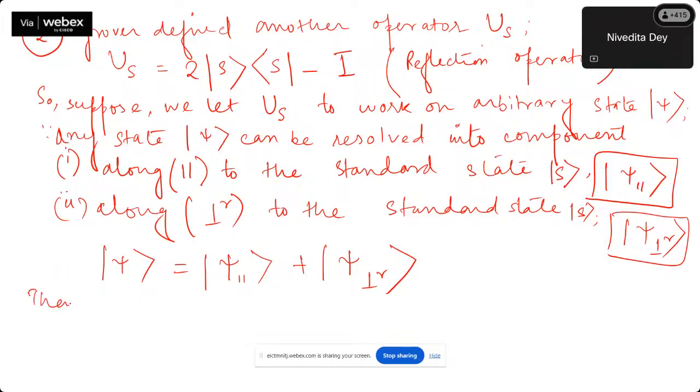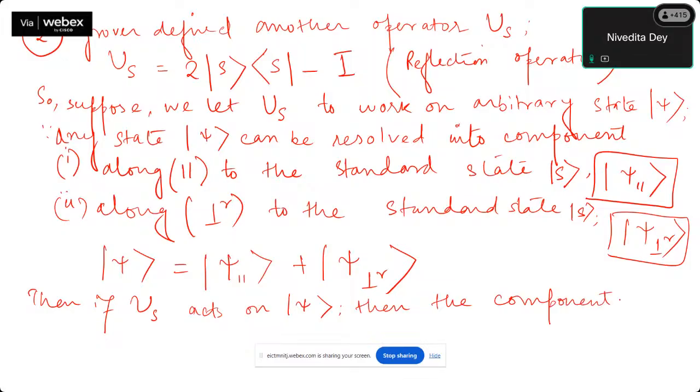Then if this US, the reflection operator, acts on psi, then the component which is perpendicular to S remains unchanged, right?